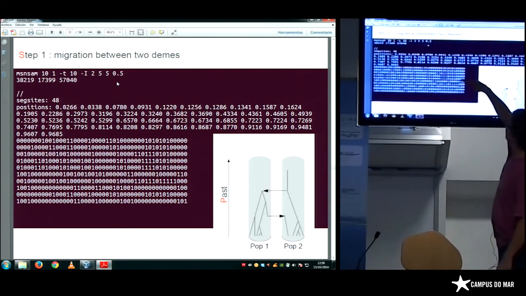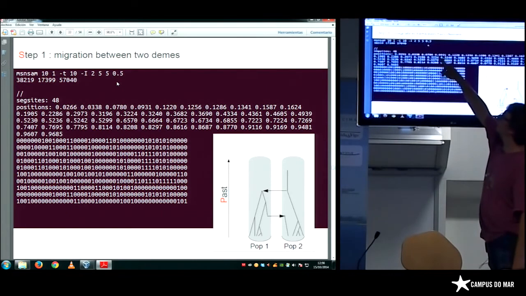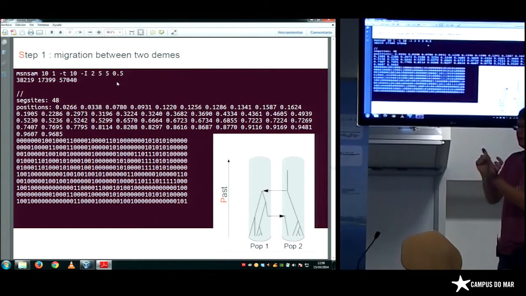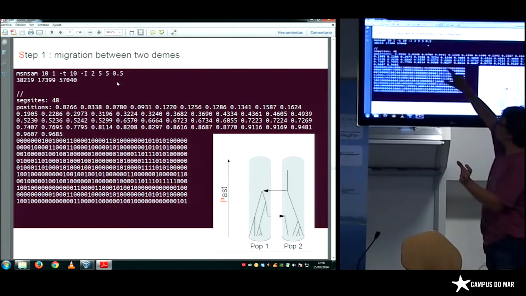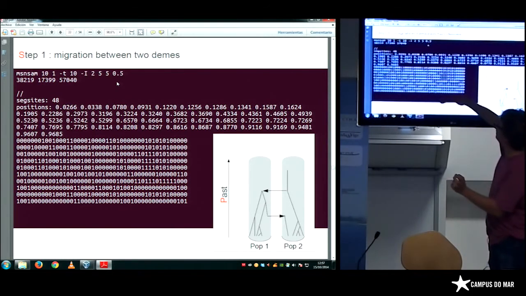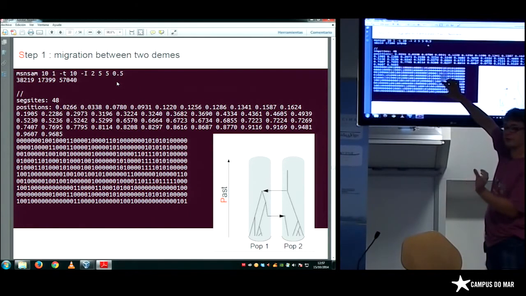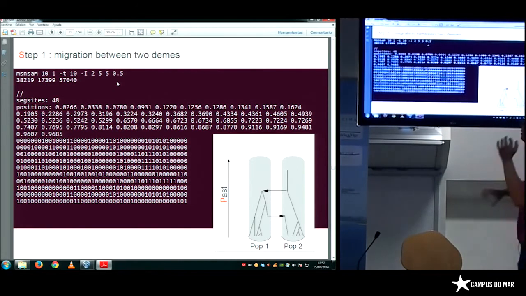So here you can use maybe a lower migration rate. You can put 0.1, for example, and you'll see much more differences between the 2 populations. But here you already see the difference between the first 5 sequences and the second 5 sequences.